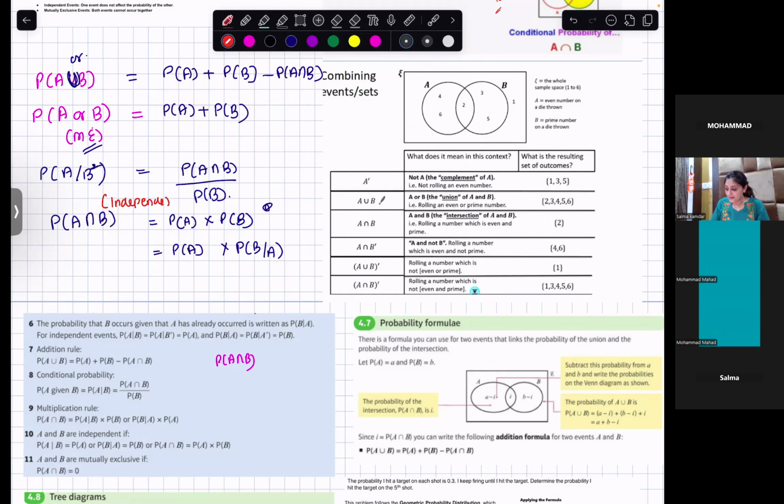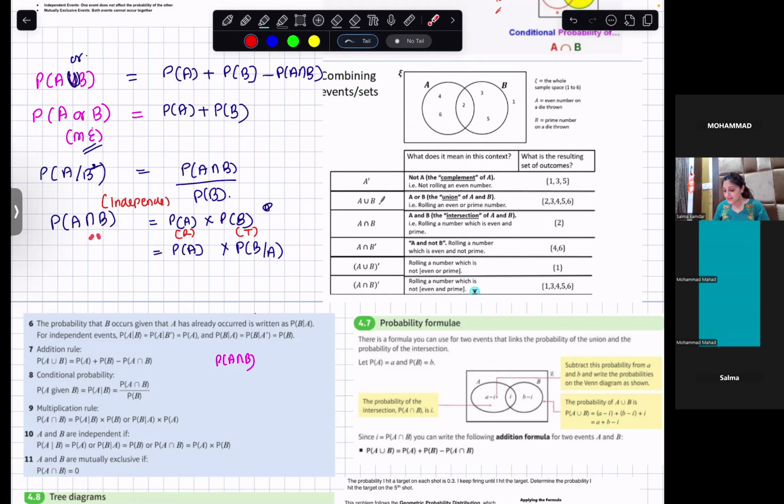Say, for example, probability A is rolling a dice, and probability B is tossing a coin. The probability of tossing a coin given that rolling a dice has already happened would still give you the same answer, because irrespective of the dice, the coin flip would happen.